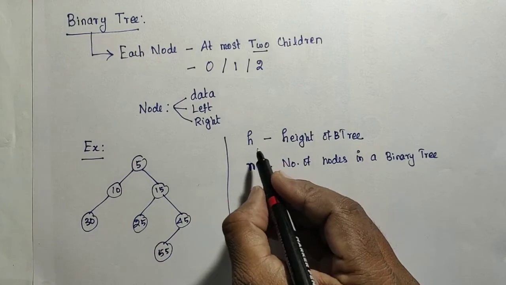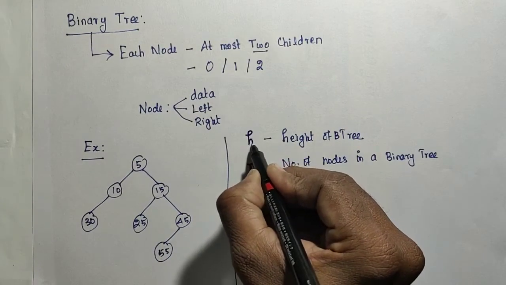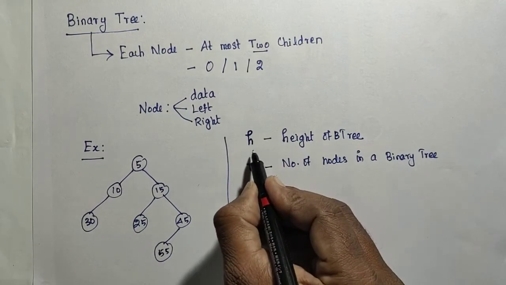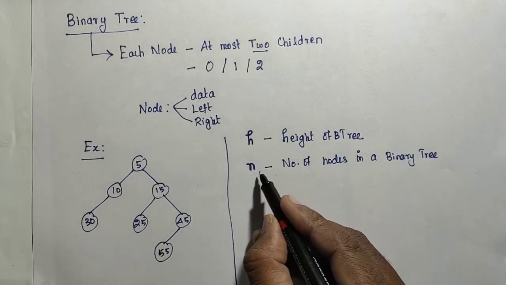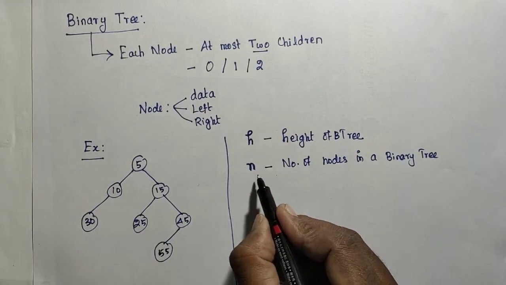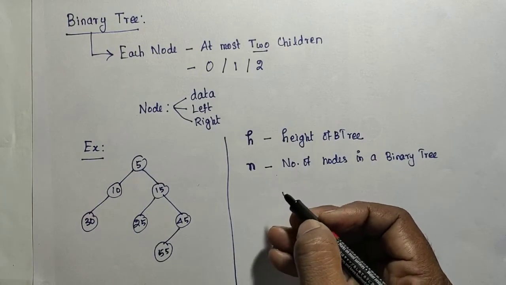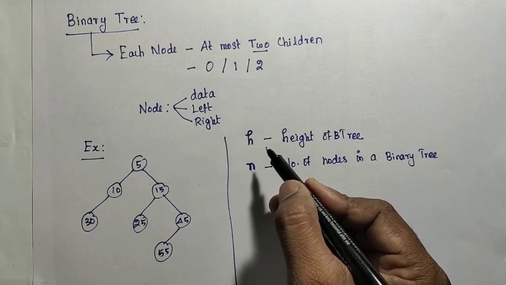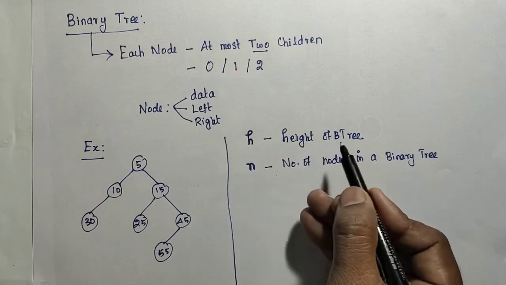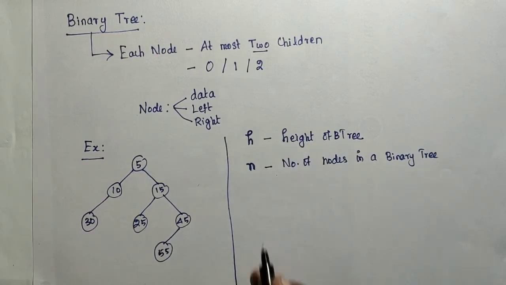So what is the relationship between h and n? For a given height h, how many maximum number of nodes can I add? If the number of nodes is given, what is the minimum height and what is the maximum height I need to construct the binary tree? So that we are going to discuss.